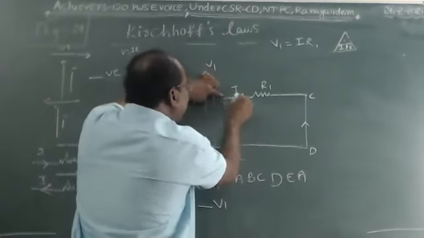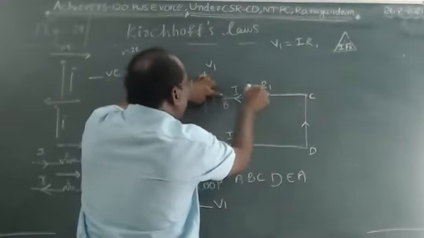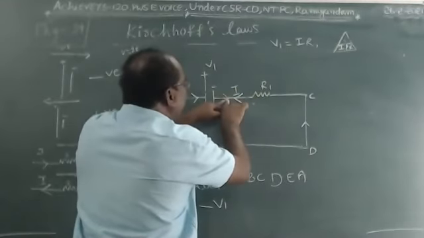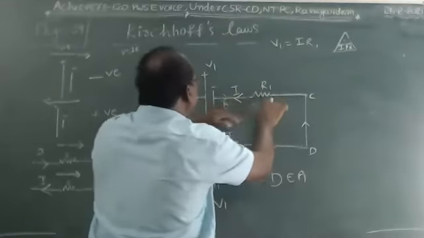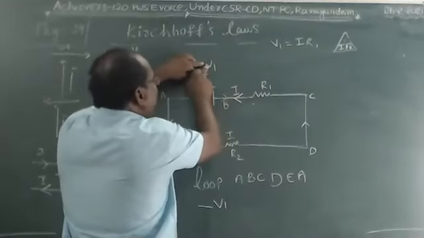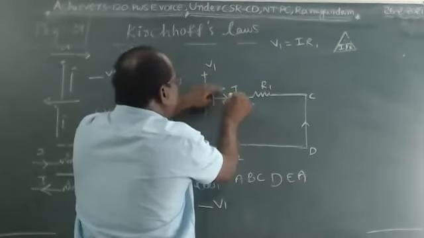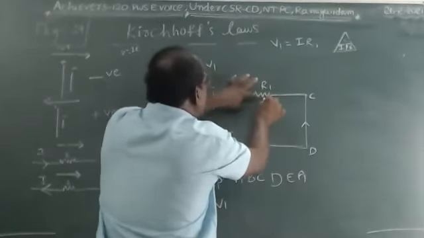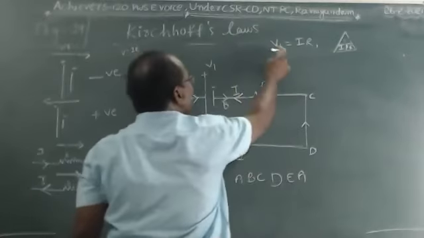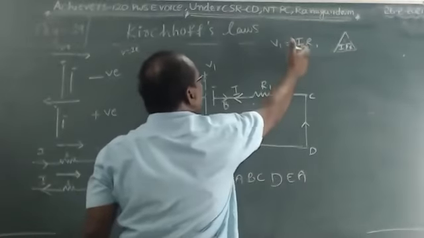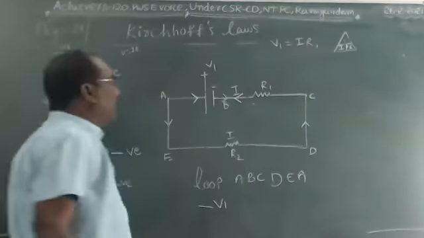That's why these two values are positive, because the voltage V1 is across these two components, across the current and resistance. So the voltage formula, V1 equals IR1, as I already told you.